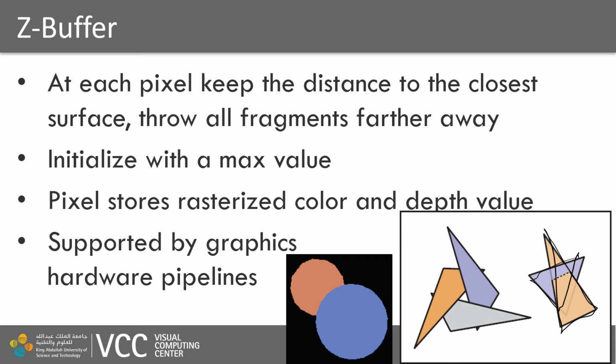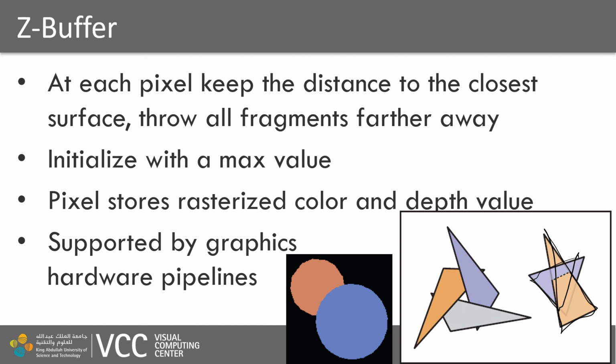So during the rasterization stage, each fragment, when it is evaluated, its depth is compared with the depth which is stored in the Z buffer. And if the depth of the newly rasterized fragment is smaller than the one which is in the Z buffer, then this fragment will be written as output and the Z buffer will be updated with its depth.